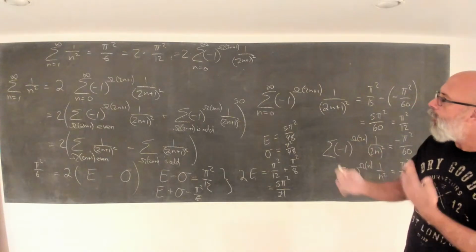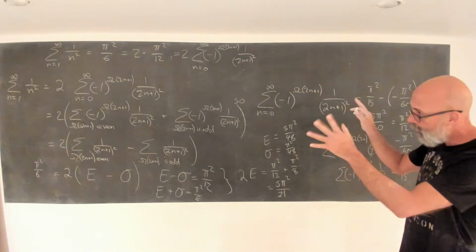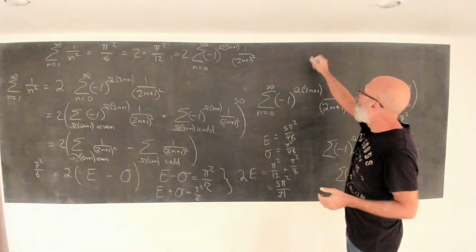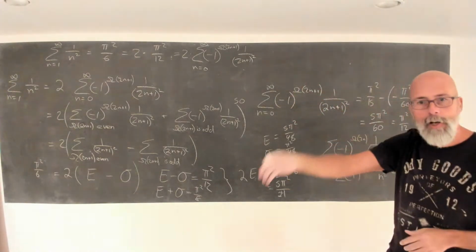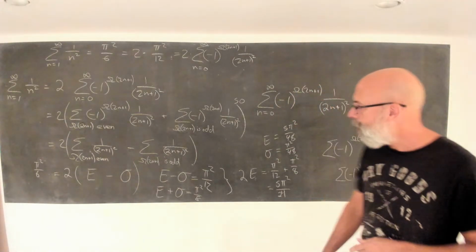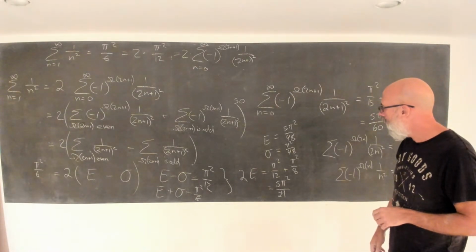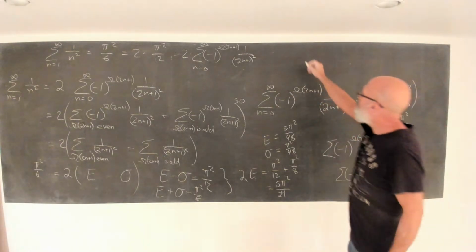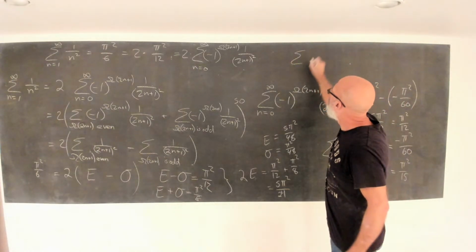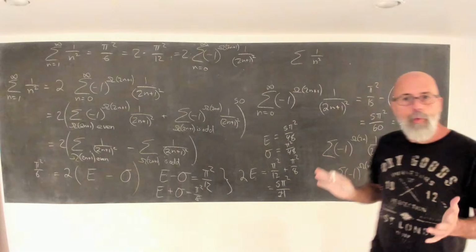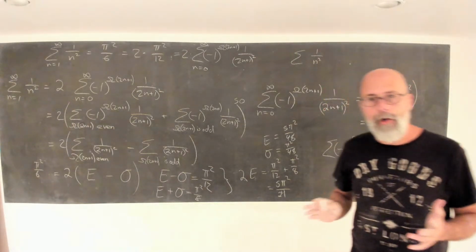And where am I going with this? Well, first of all, you have these nice results. I only did it for 1 over n to the 4, but it generalizes immediately. I'm sure you see that. Second question that arises, because here's a nice question. We know what the series 1 over n squared converges to.